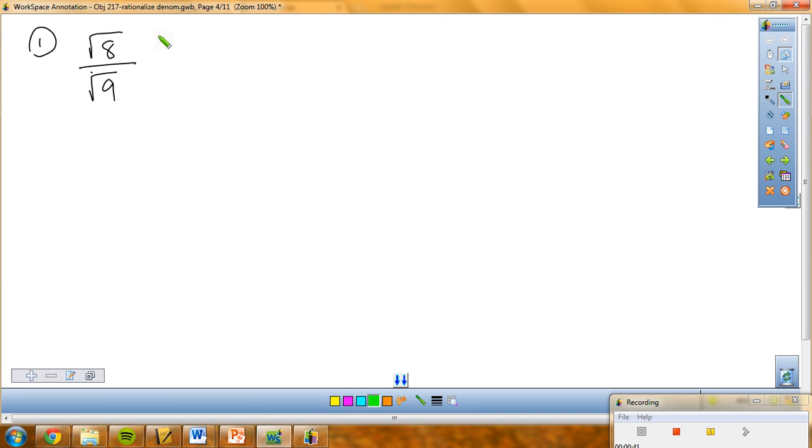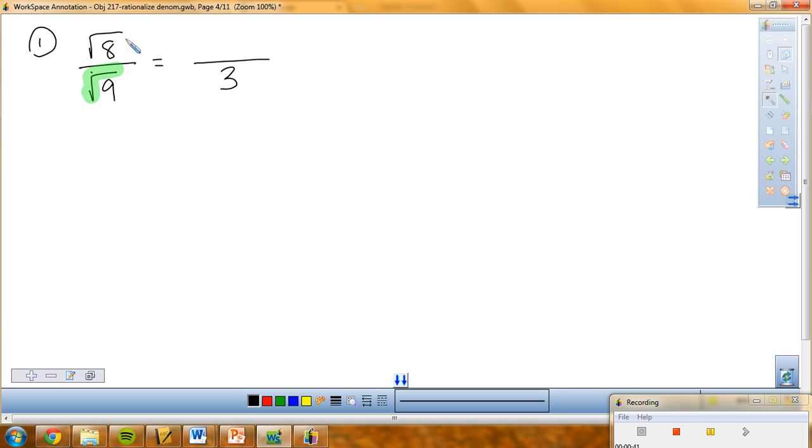So here we have example 1. We can see a fraction, and we do notice that we have our radical in the denominator, which is a problem. We want to get rid of it, but this problem kind of fixes itself. If we go to simplify our radicals, we notice that 9 is a perfect root. What's the square root of 9? It's just 3.